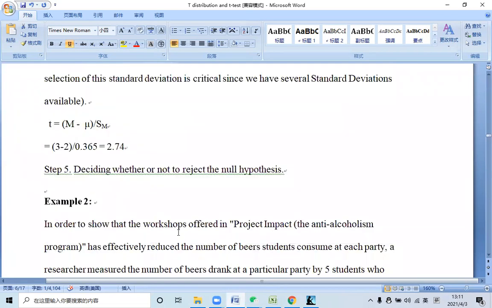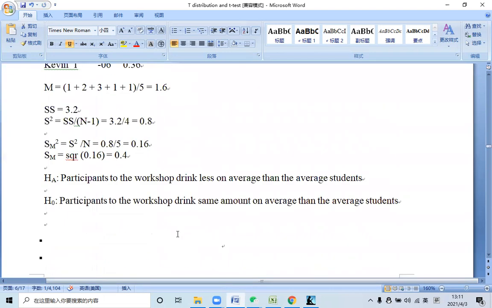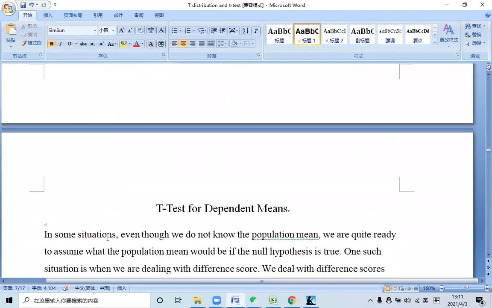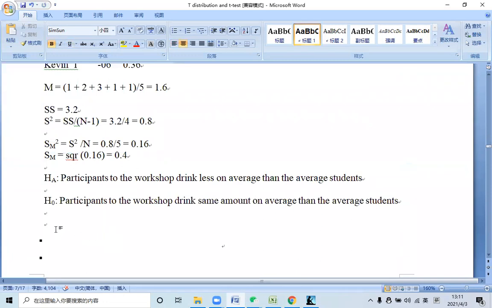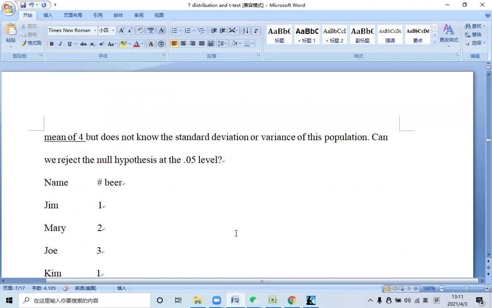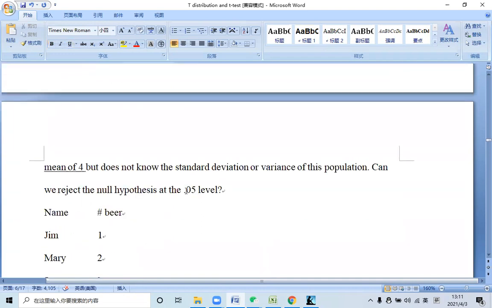And how do we do that? So let's see here. We have the research hypothesis, and then we need to determine the cutoff. The p-value is 0.05.